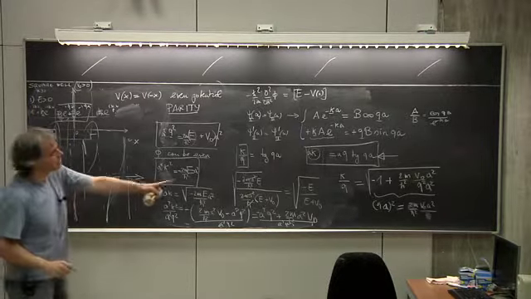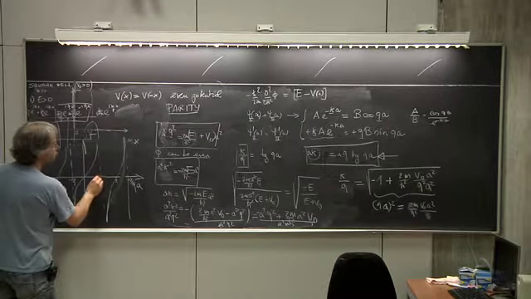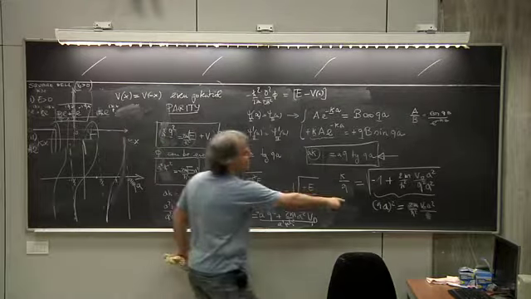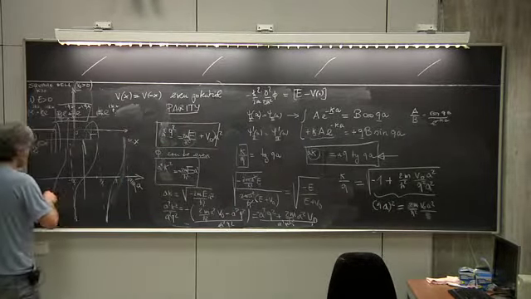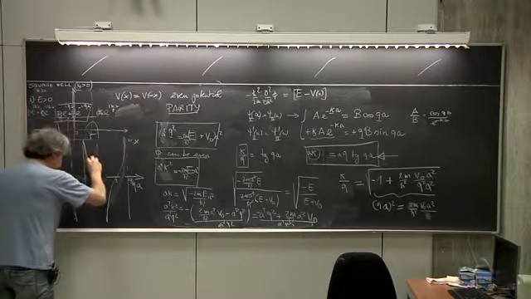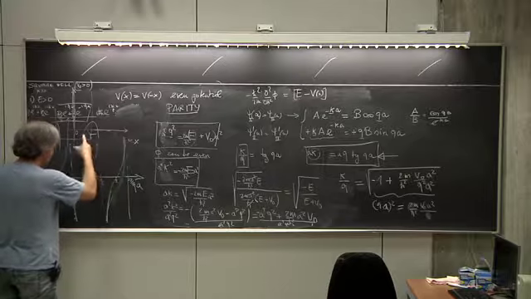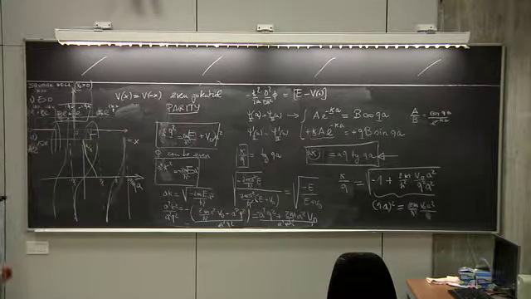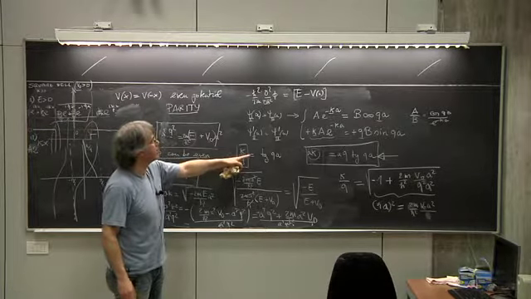For instance, suppose that v0 is pretty small. Then chances are that the solution, that equality, occurs exactly here. So what you do is you draw your k over q this way, this green line here. This is the left-hand side of the graphical equation.